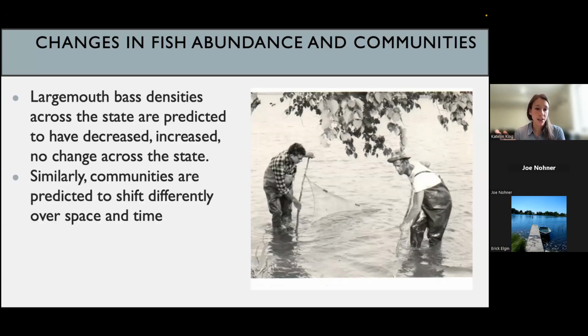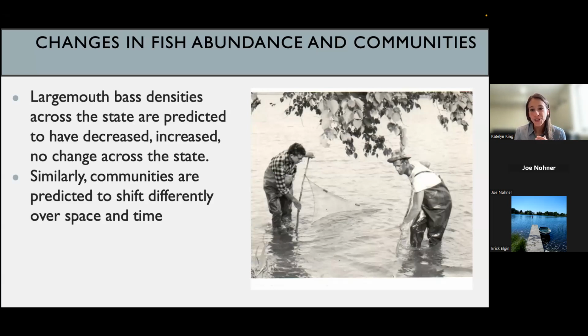There are similar patterns when you think about the entire communities, those warm, cool, and cold water fish species. They're predicted to shift differently over time and also over space, so over the entire state.